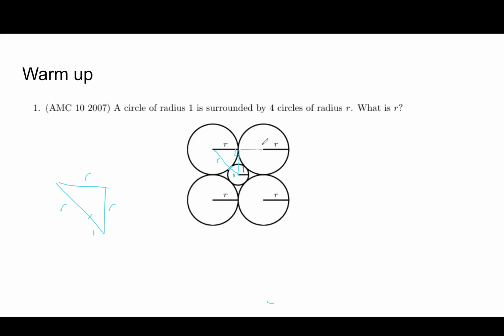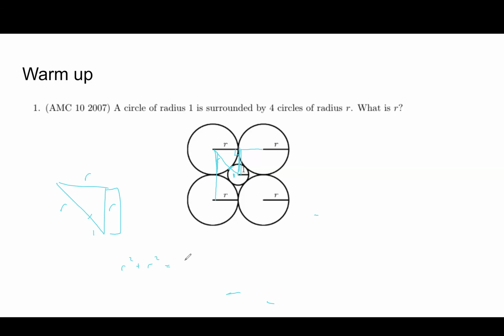The reason why this length here is r is because if we look at this line here, this is simply just r shifted here, right? So these lengths are equal.